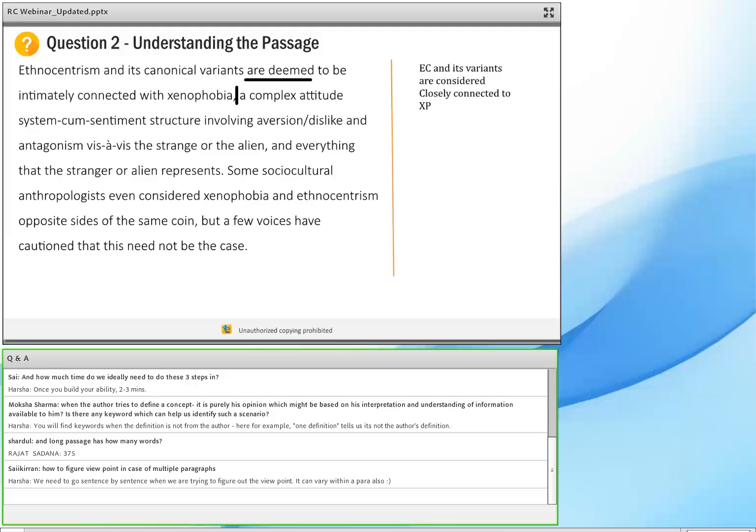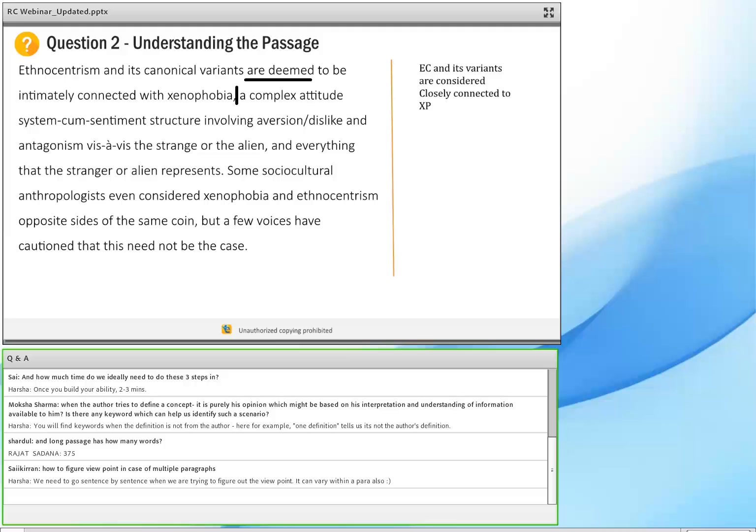And what is XB? A complex sentiment structure involving aversion, dislike, and antagonism. Again, I'm exaggerating, but it's even difficult for me to read. Vis-a-vis a stranger or the alien, and everything that the stranger or alien represents.